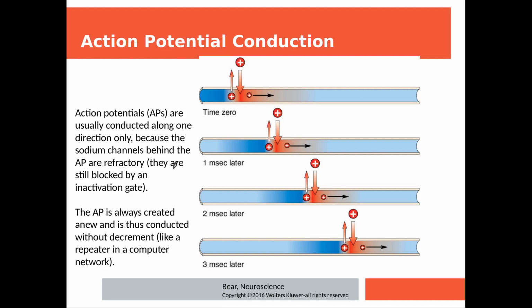It's for a couple different reasons: the concentrations, and also the kinetics of the channels cause this refractory period. So that's why the signal usually only flows in one direction. Of course, if you somehow injected current right here, it would flow both directions if these weren't in the refractory period.